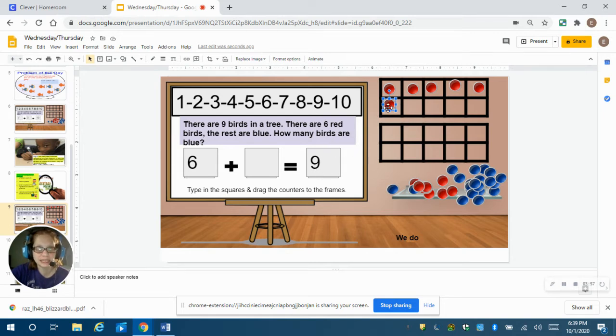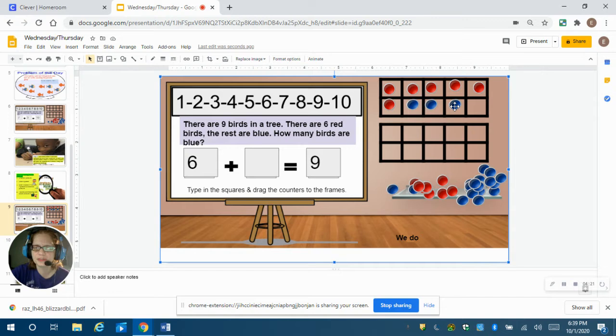So I have 6, 7, 8, and 9. Let's see, how many bluebirds did I bring into the 10 frame to make the 9? 1, 2, 3.